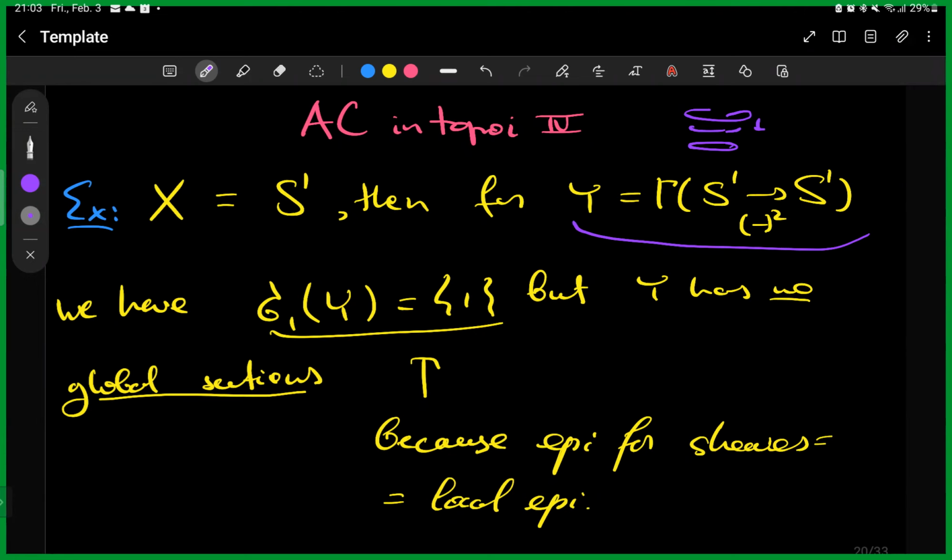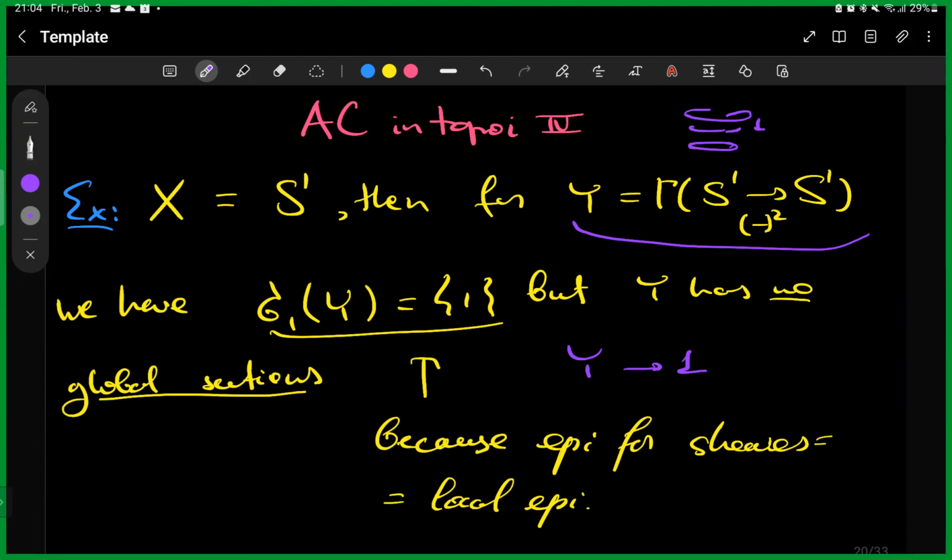But there are no global sections of a two-sheeted covering, which means that the morphism from y to x does not split, or from y to the terminal sheaf, which means that the category of sheaves over a topological space does not necessarily satisfy even the axiom of splitting support.